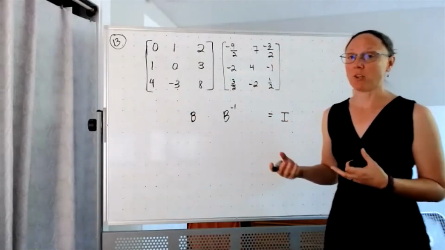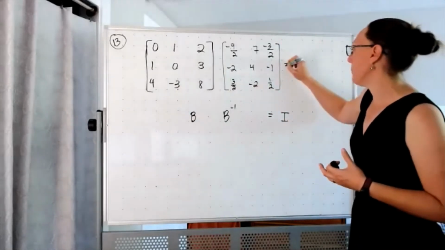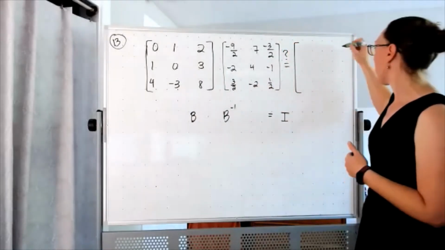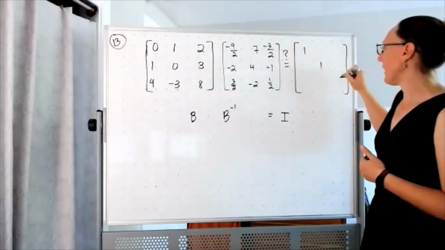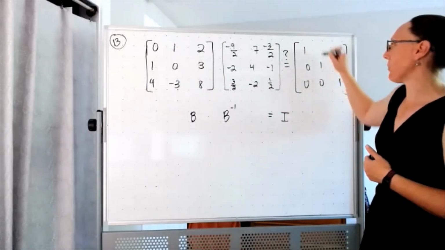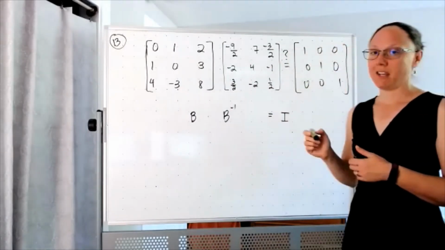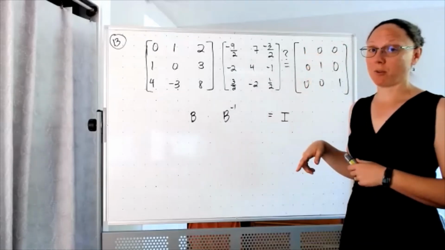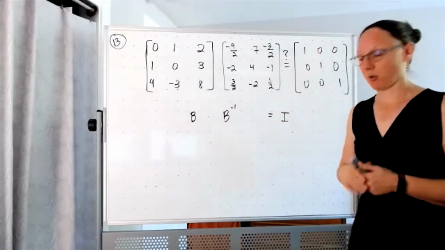And the identity matrix for a 3 by 3 means we are hoping that we get this matrix that has ones on the diagonal and zeros everywhere else. Which means we're about to do a whole bunch of matrix multiplication to show that this thing is true.